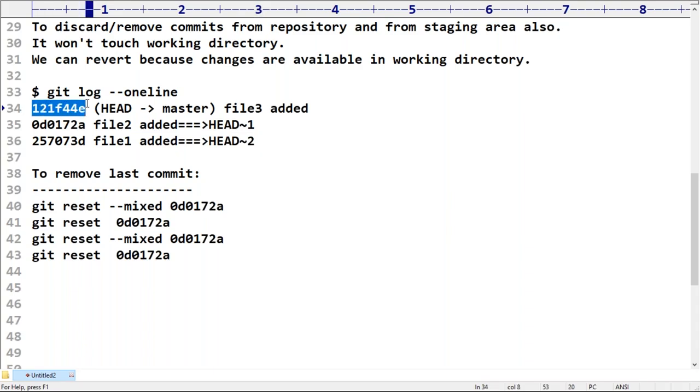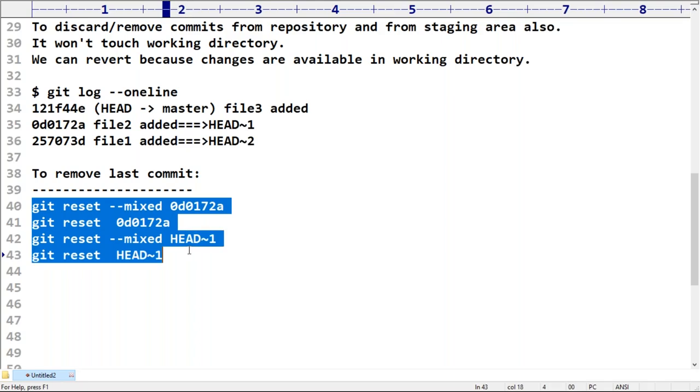If you want to refer to head, this one. If you want to refer to this one, HEAD~1. If you want to refer to this one, HEAD~2. Now I want this one, that's why you can specify HEAD~1 instead of that. All these four commands will do the same thing only.